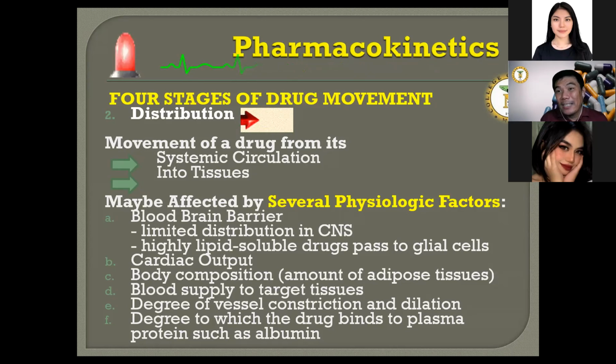Tissue repair. Supposedly the protein in digestion will be turned into amino acids, which are the building blocks of tissues. Now, if there is a lack of protein in the plasma, there is also a chance that it will affect the binding of the drug.